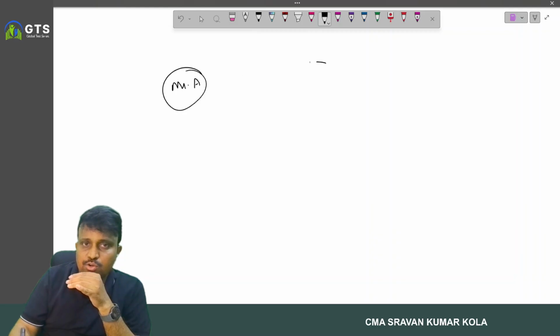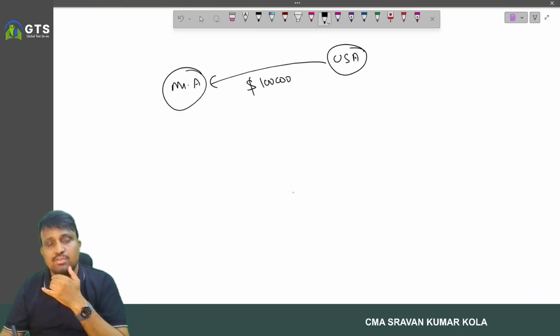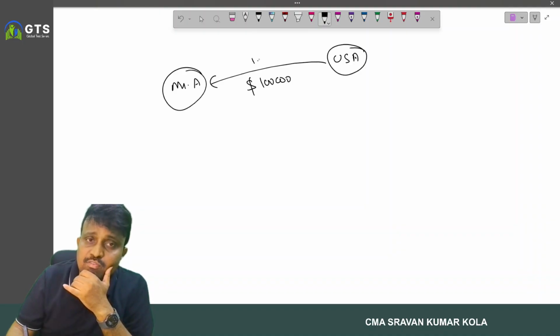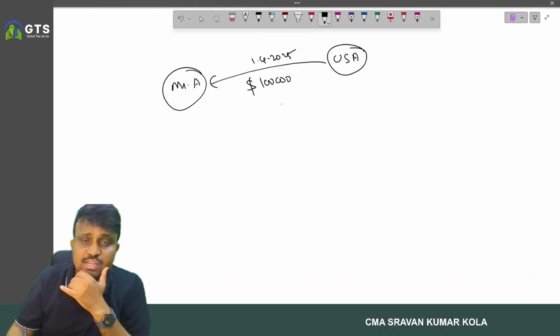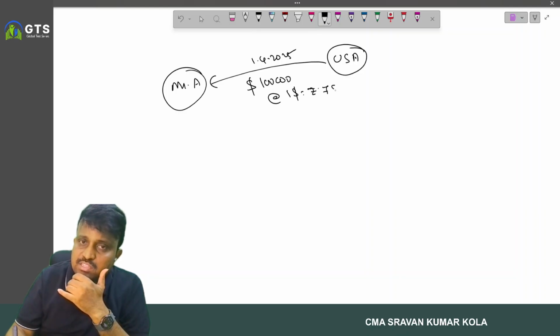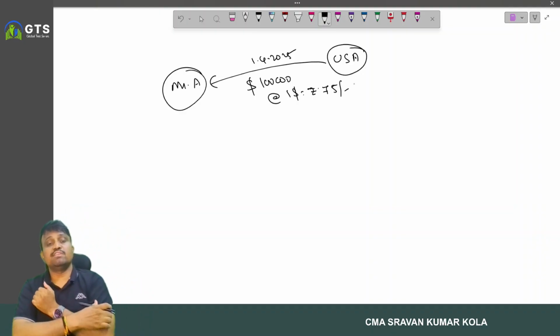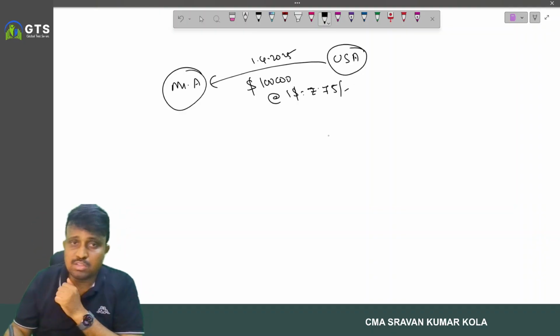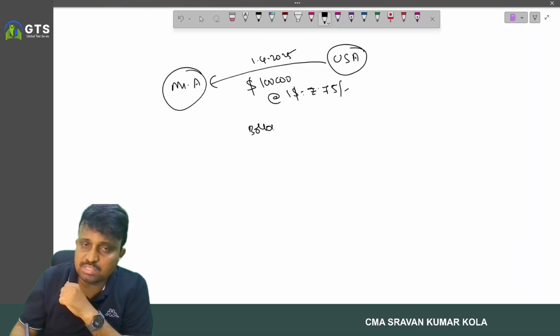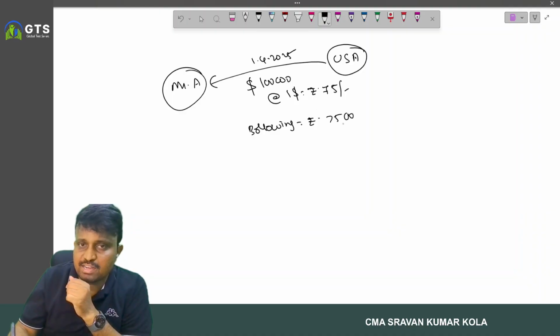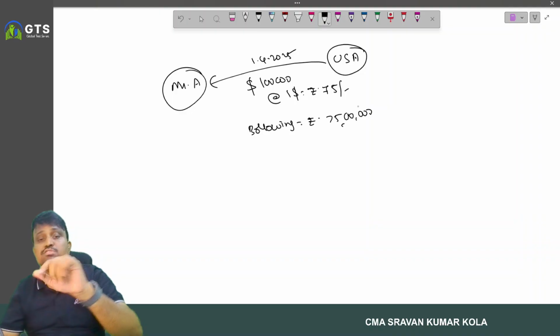Mr. A took a loan of $1 lakh from a bank located in the USA on 1/4/2025. On that day, $1 is equal to 75 rupees. So total borrowing is $1 lakh into 75 rupees.